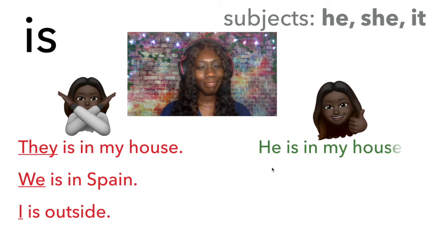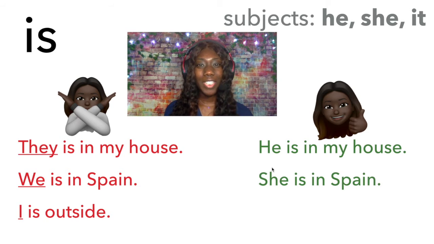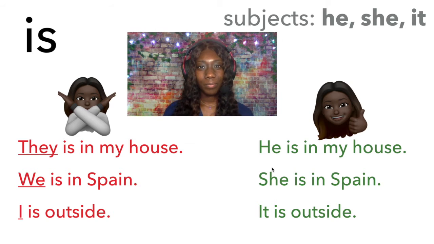No. We must say, he is in my house. She is in Spain. It is outside. When you use is, be sure to use the appropriate subjects: he, she, it.